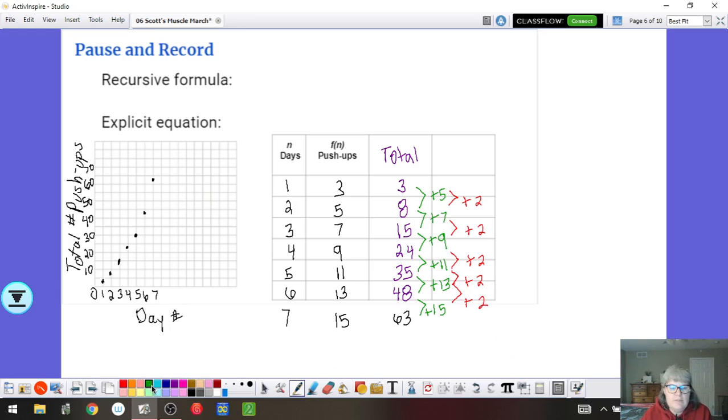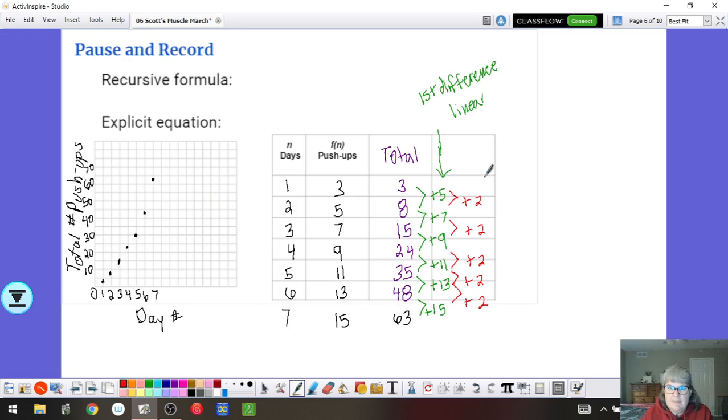So the first difference is not constant. We are going to say that this is actually linear because there is a pattern to the way it's increasing, but it's not a constant pattern.